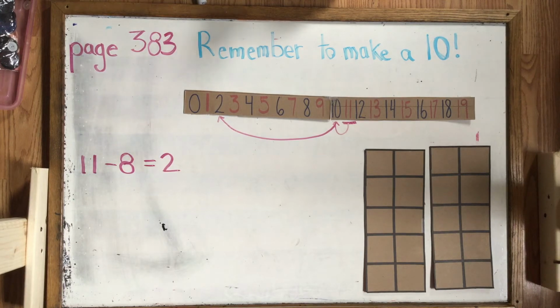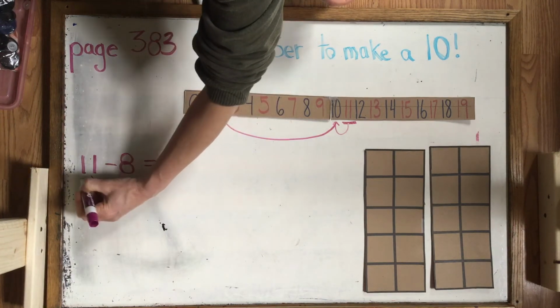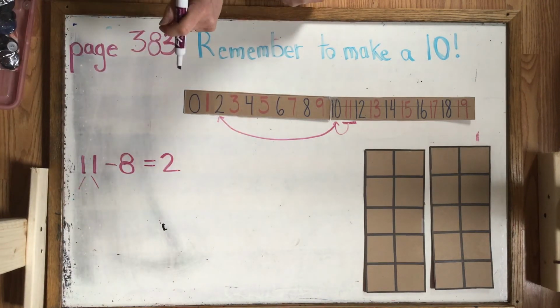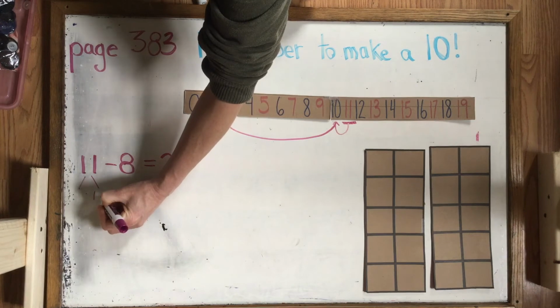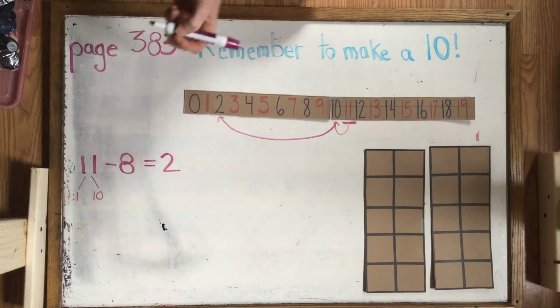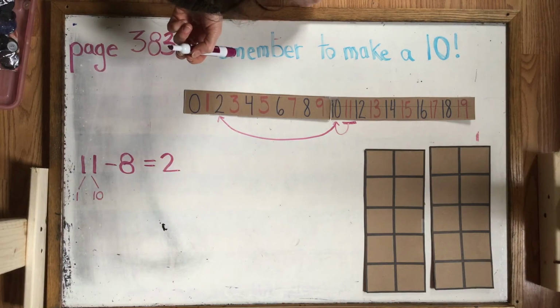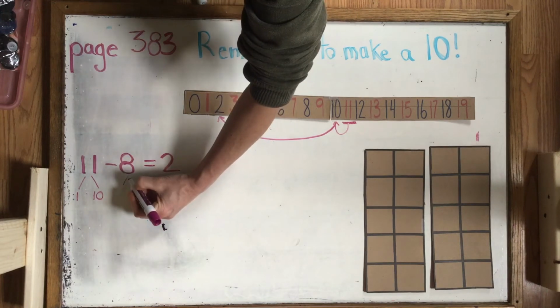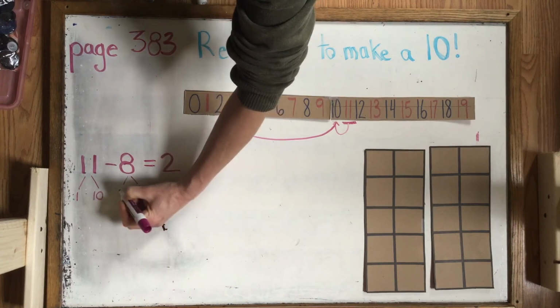Well, let's make a number bond to figure it out. You guys can answer for yourself. 11 is made up of 10 and what? If you said 10 and 1, you were correct. And 8 is made up of, let's do 7 and 1.